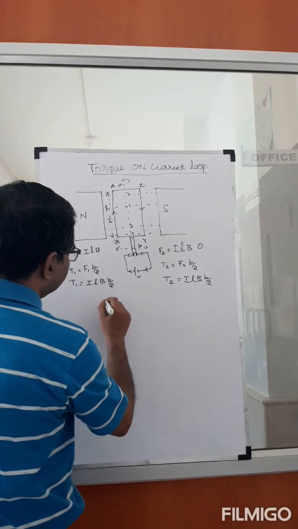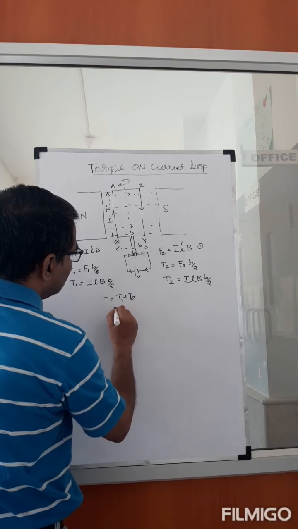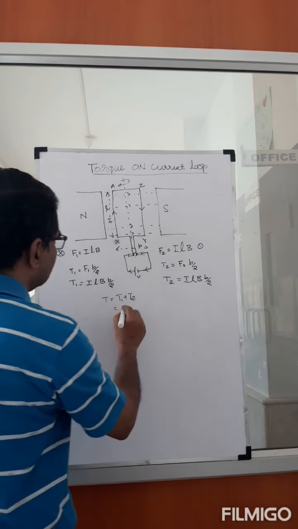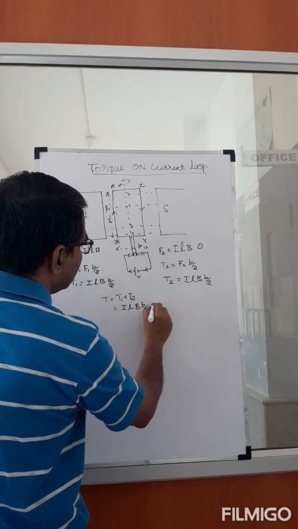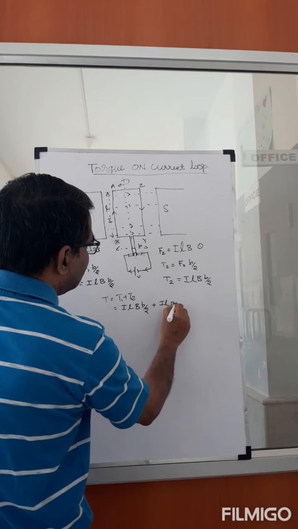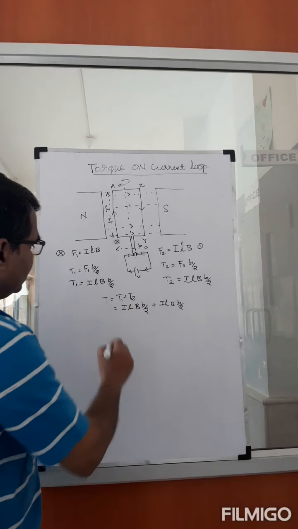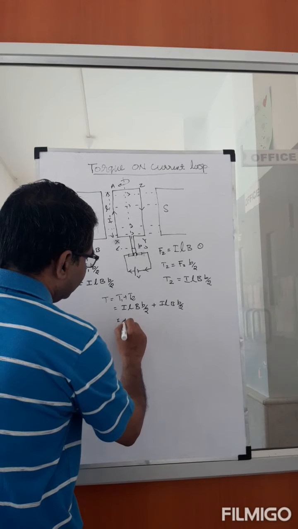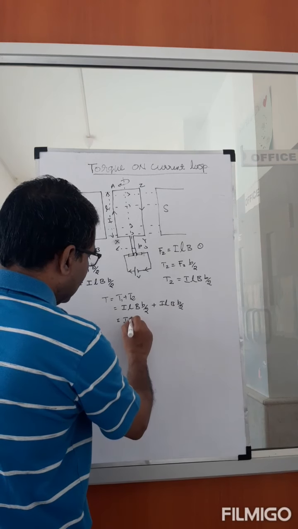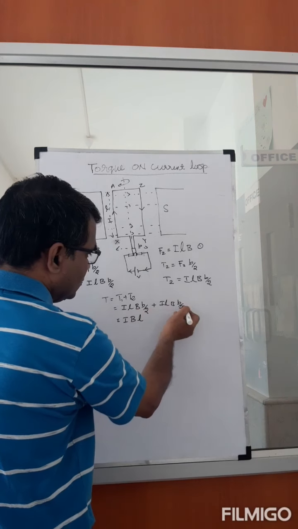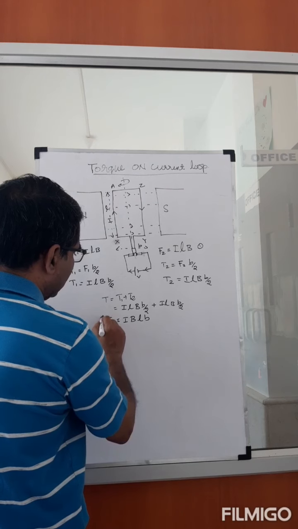The total torque is T1 plus T2, so ILB by 2 plus ILB by 2. If you add them, I get IB into L, and B by 2 plus B by 2 becomes B. So this is the torque.